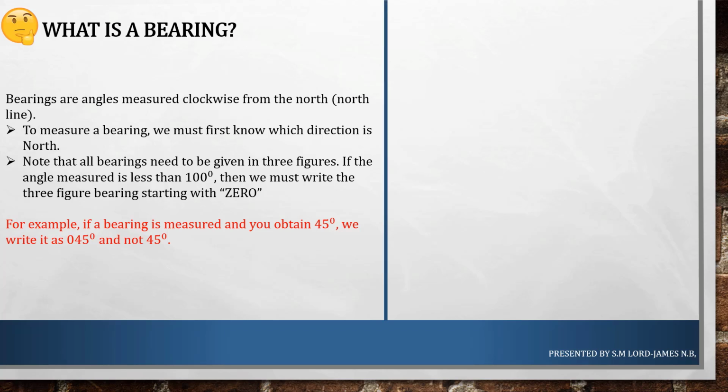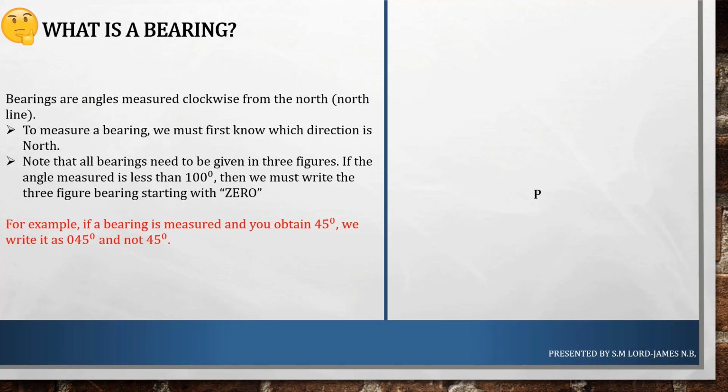Okay, so let's take an example on a bearing. Let's try to represent the bearing, then we see some activities on how to draw bearings. To begin with, we are going to choose a given point. Let's call that point P. So P is our point of reference.